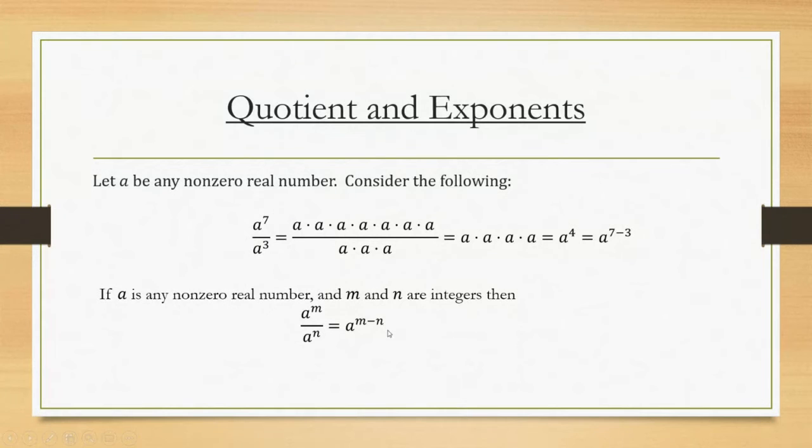I put an example in, as you can see: 5 to the 6 over 5 squared is the same as 5 to the 6 minus 2, which is 5 to the 4th. Again, we're just subtracting exponents.